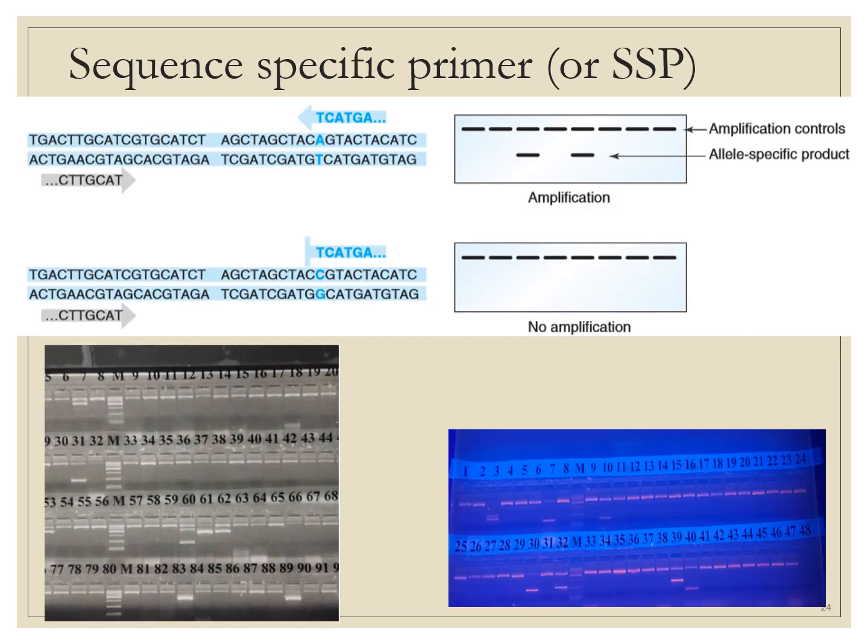So in SSP, we're targeting a sequence-specific primer. If we're looking at this area as something that's going to determine if something is a B27, then we're going to make primers that will amplify this area, and then we will run it on a gel, and we'll see the amplification.